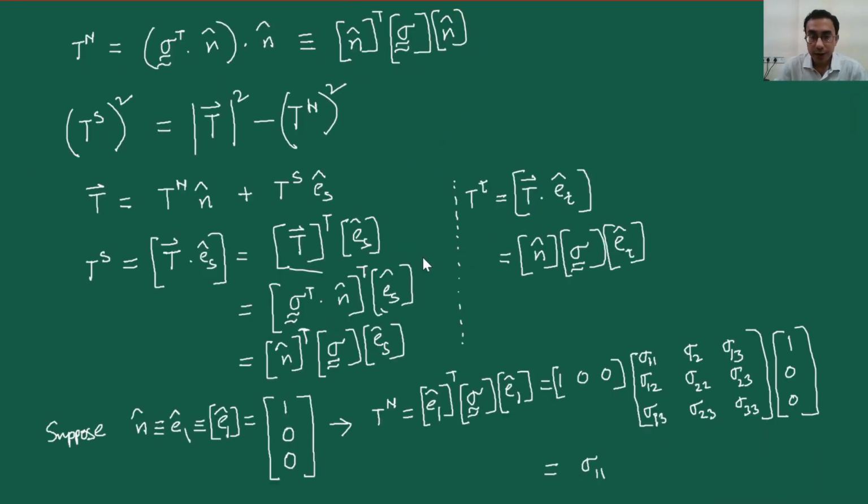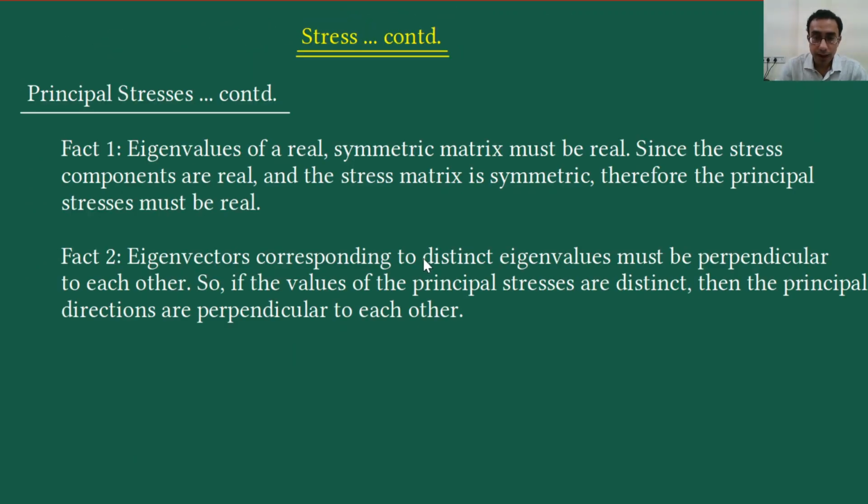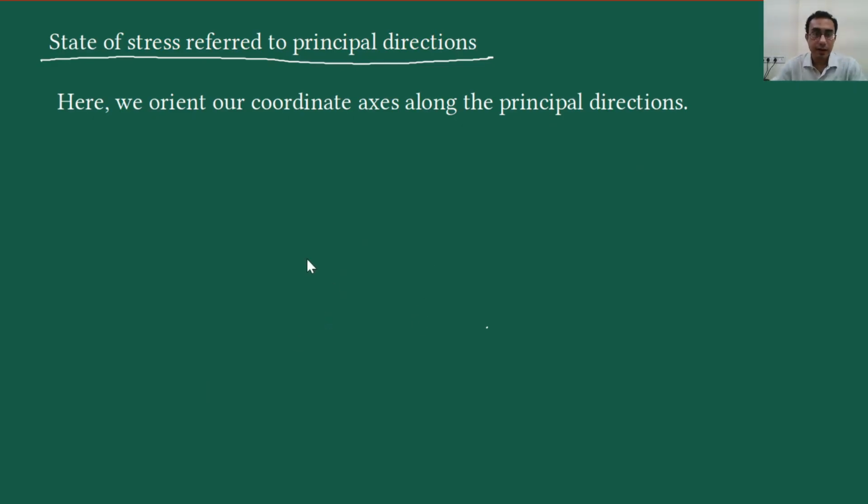Okay, we can quickly draw this diagram instead of just discussing it. Suppose we have this plane and we have our unit outward normal like this, and the plane is such that the traction vector is also like this.